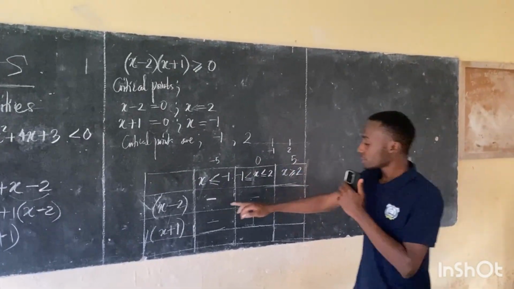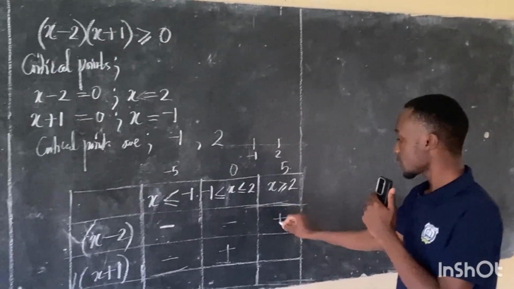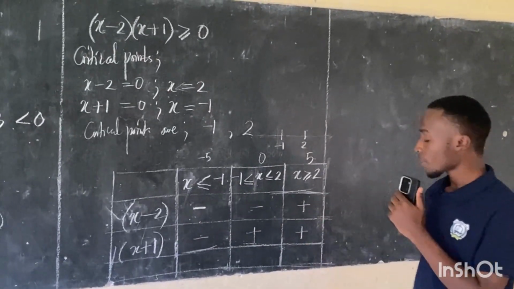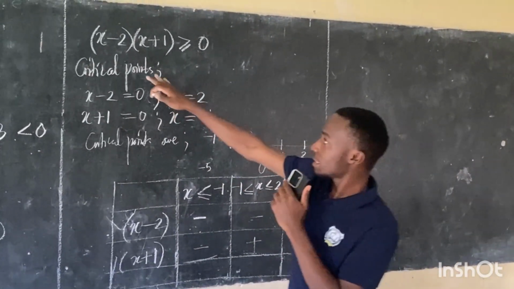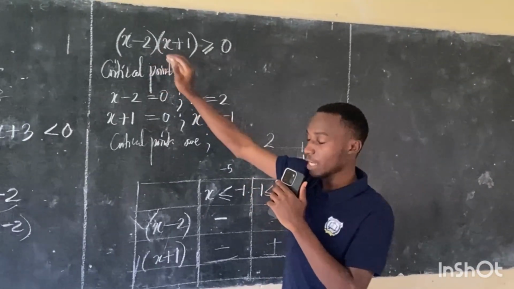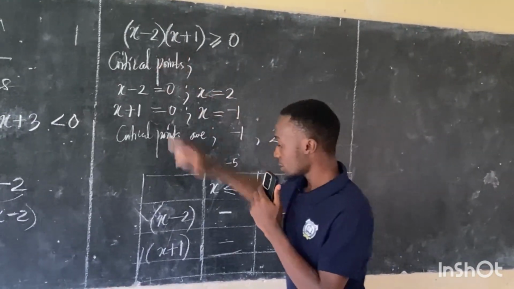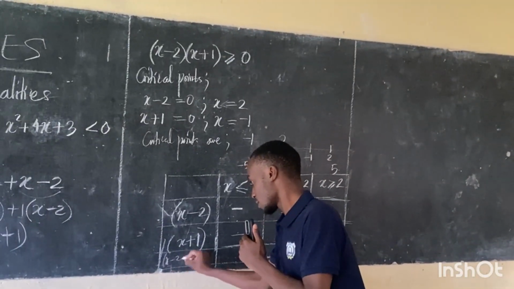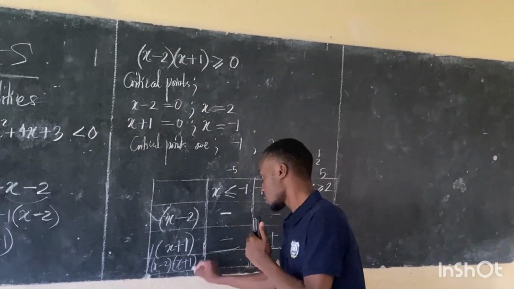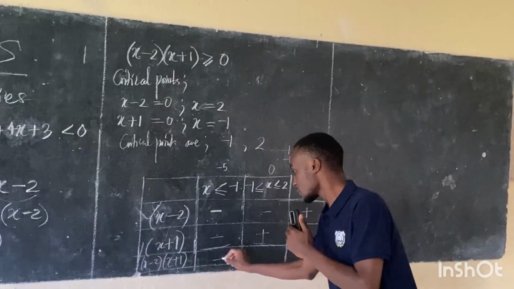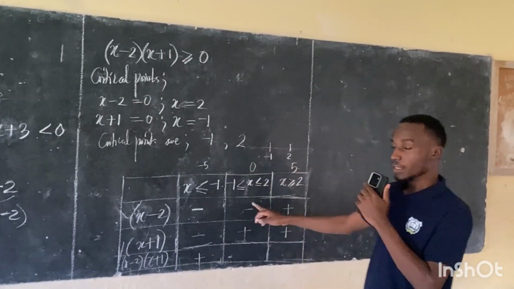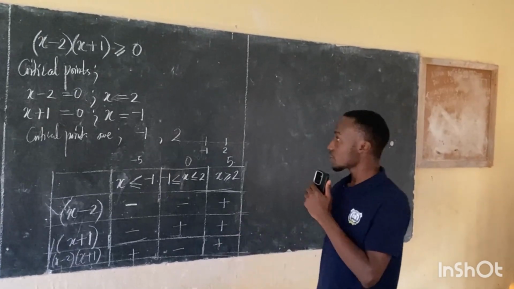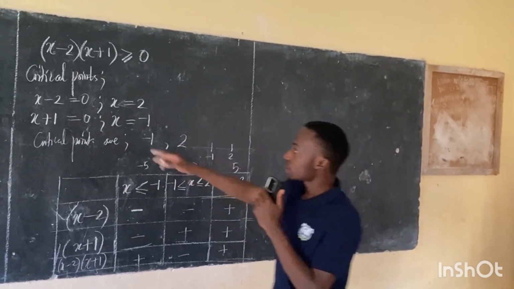Our 5 in this bracket, we shall get a positive. The same 5 in this bracket, we shall get a positive. And now looking at these 2 brackets, they are multiplying themselves. It is a product. So negative times negative gives us a positive. Negative times a positive gives us a negative. Positive times a positive gives a positive.